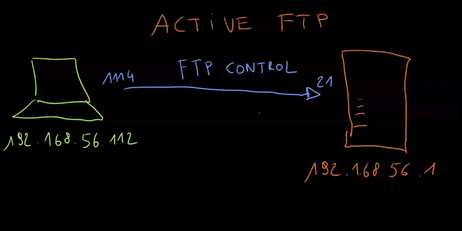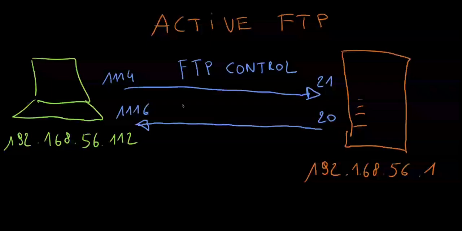Then if the client wants to transfer data for active FTP, it's kind of strange because it starts from port 20 of the server, and the server starts a new connection to the client, like 1016, which is the FTP data connection.